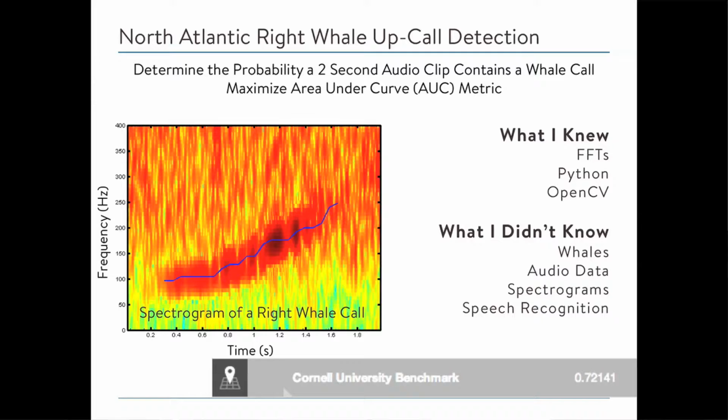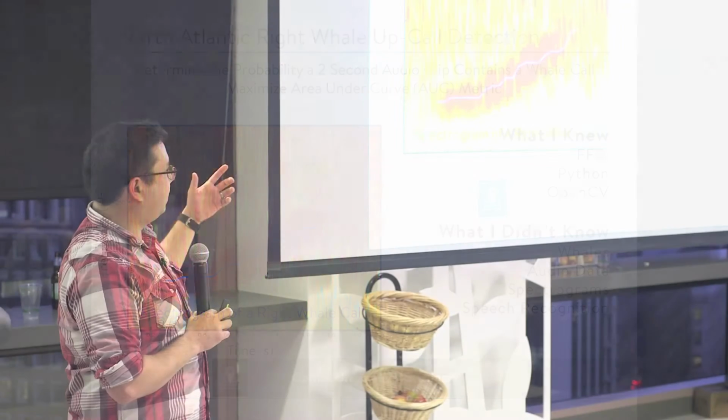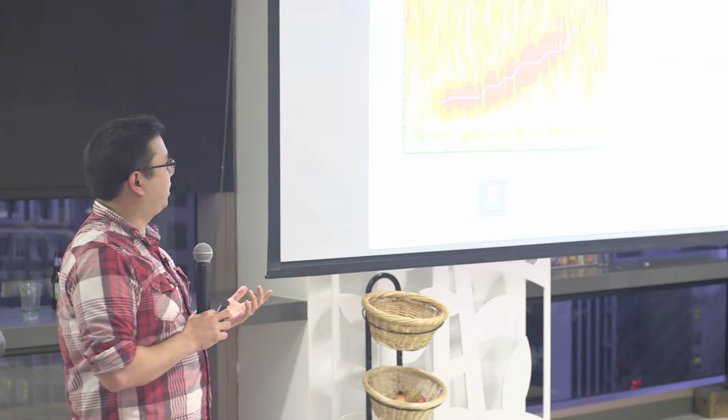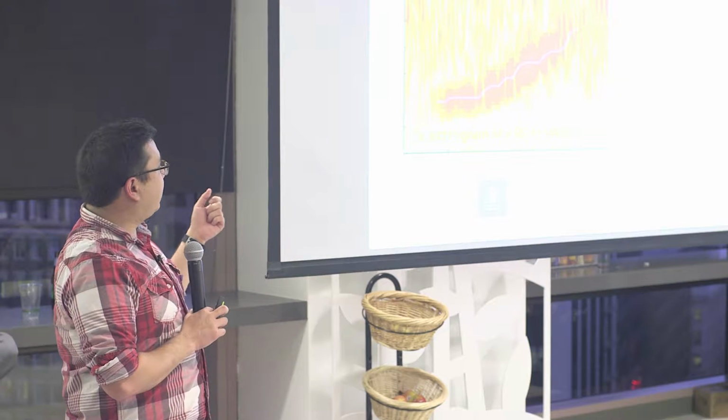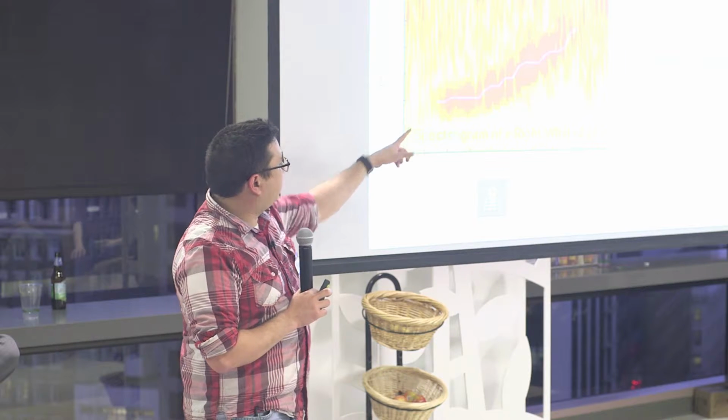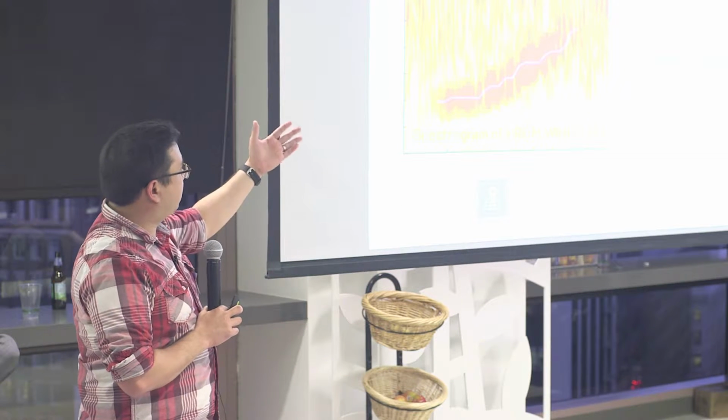On the competition website, they transformed each audio clip into what's called a spectrogram. It's a time, frequency, intensity plot that's made using short FFTs, fast Fourier transforms, if you're not familiar with that. In this image, you can see there's this arced feature that's much brighter than the background, and that's what they're looking for.